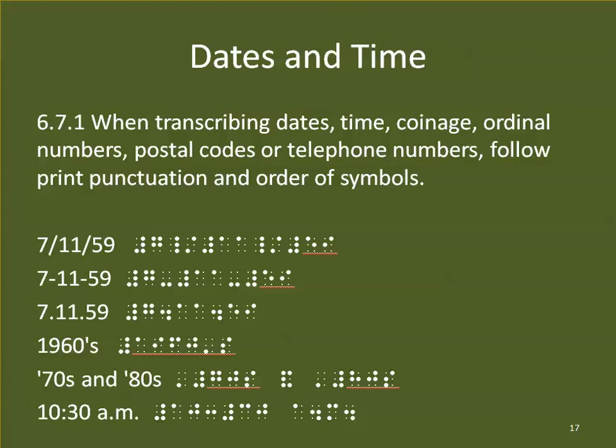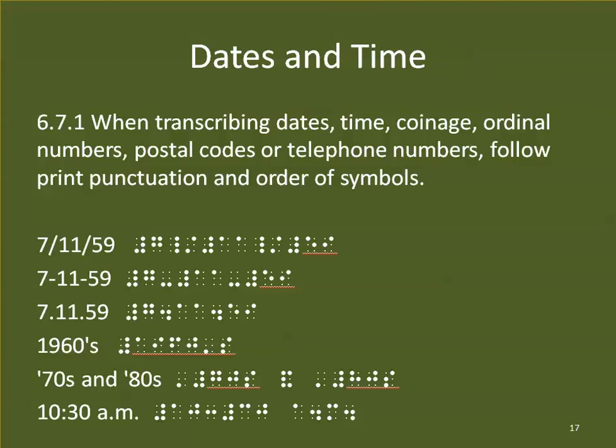It's the opposite of what we did in EBAE. In EBAE, that apostrophe was considered to represent numbers, which it does, and so it came after the numeric indicator. But in UEB, the apostrophe stops numeric mode, so it's outside of the year or number or whatever it is. And again, the S there can't be mistaken for a number, so we don't need a grade 1 mode indicator there.